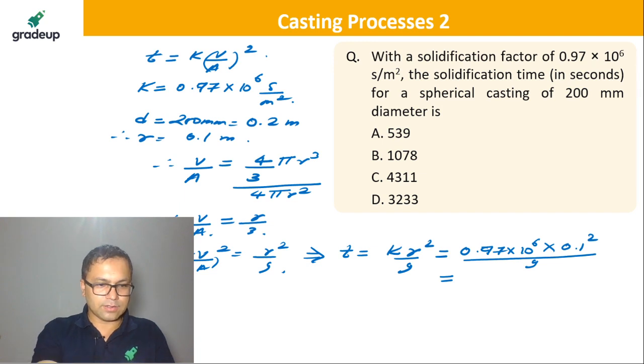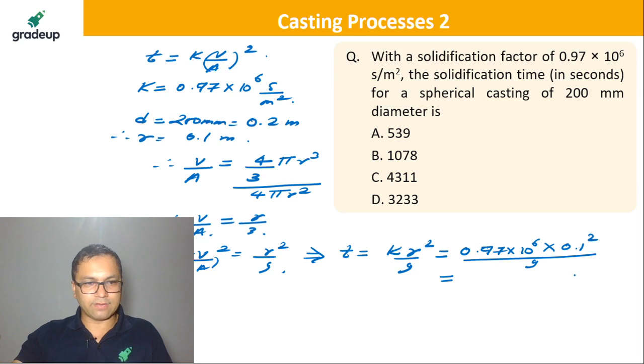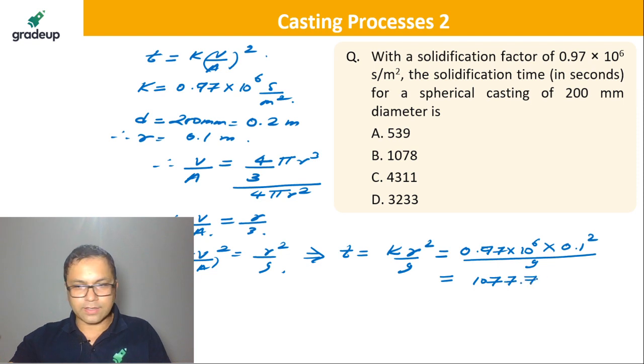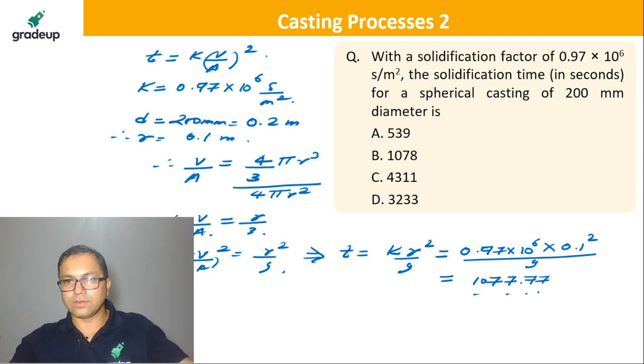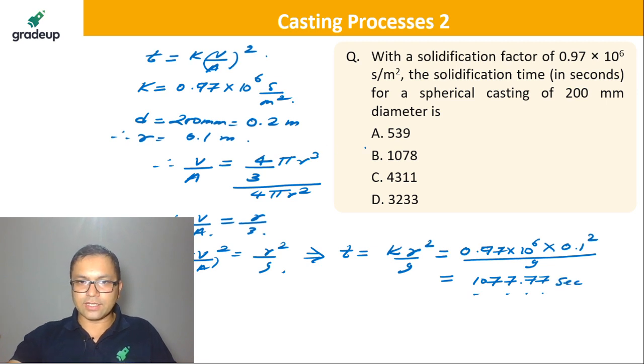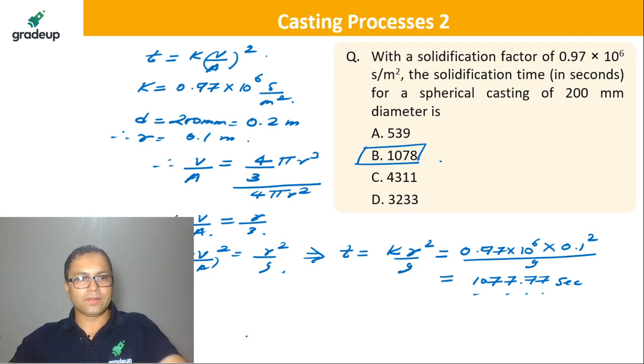So how much is this? So upon 9, so 1077, right? So we are getting it as 1077.77. So this is seconds, right? So I'm also getting it as B, okay? Is it good? So it's B actually.